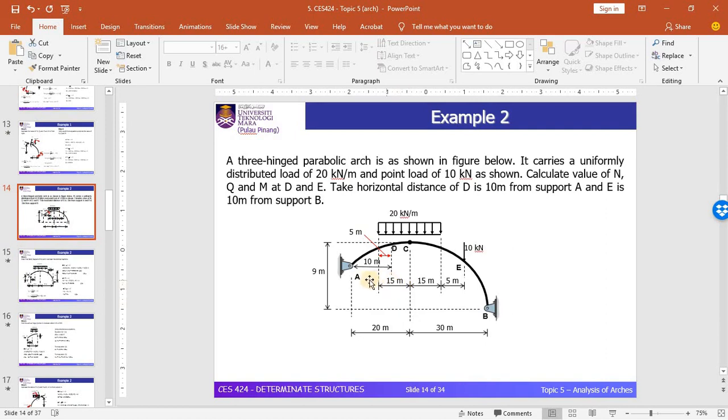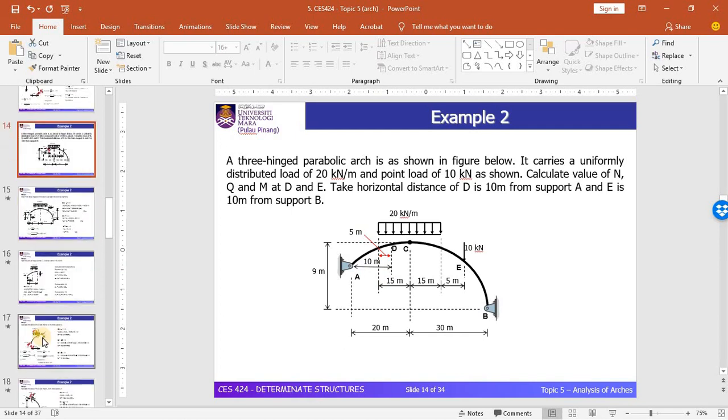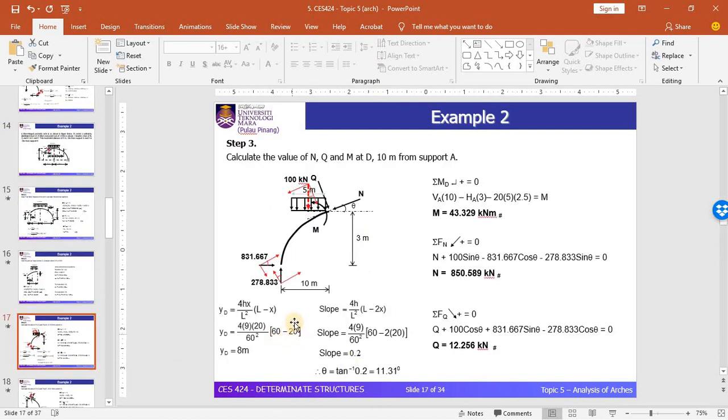This is our point D, the point where we want to solve the internal forces. The distance from the support to this point is actually 10 meters. If you realize, we didn't take this 10 meters as x. We have considered x equal to 20 meters.